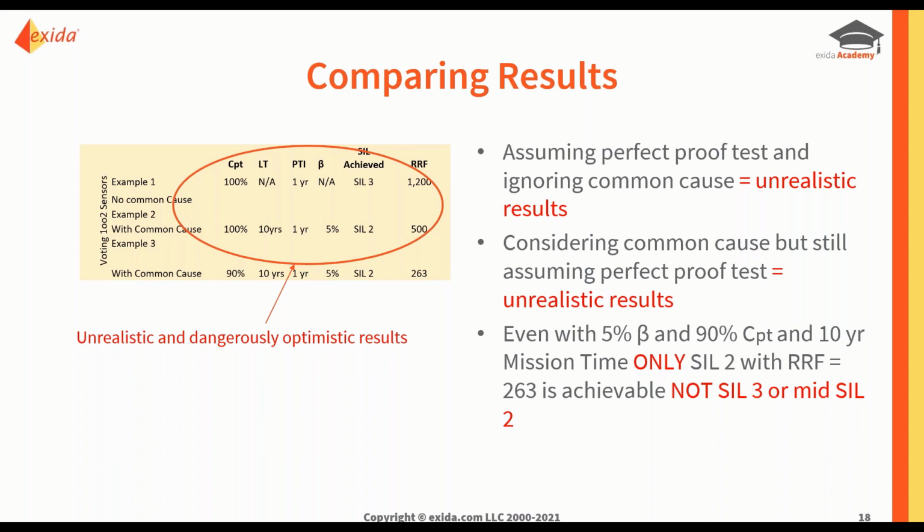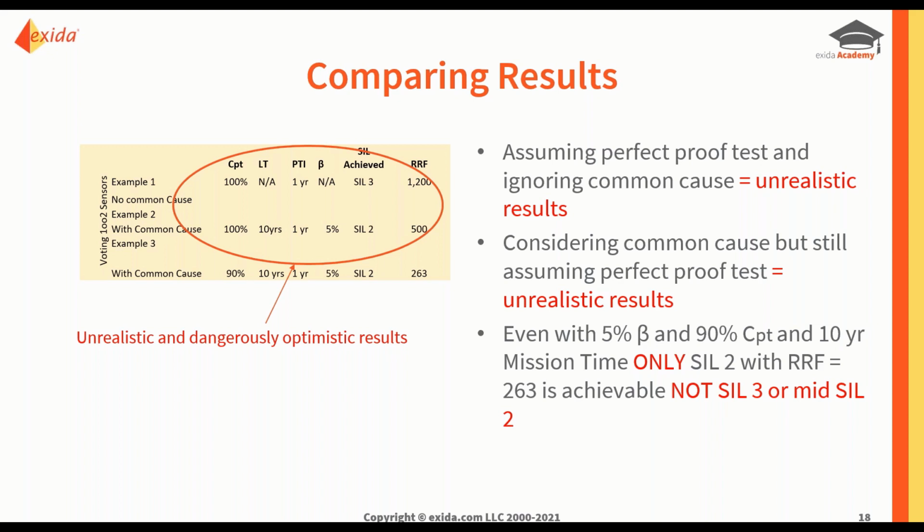And unfortunately, there are still people that believe that doing a full stroke on a valve is 100% proof test coverage, which it's not. And there's another webinar on that one. So we have to be careful, and this is with 5% as the beta and a 90% proof test coverage.